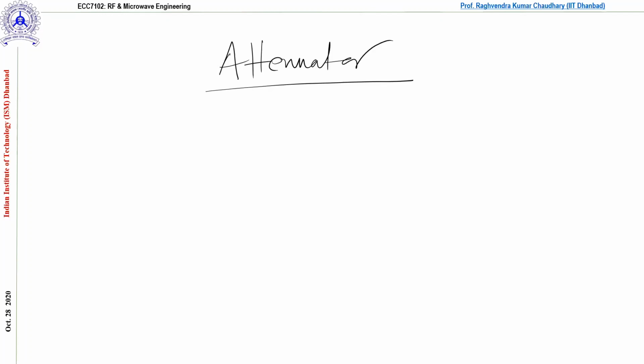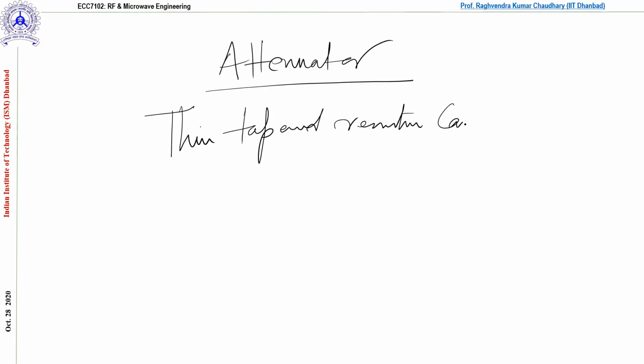Particularly if you talk about attenuators, they provide fixed or variable attenuation, as I told you. The simple idea here, like what we have seen earlier, is that it consists of thin tapered resistive cards in a waveguide, through slots or other things.